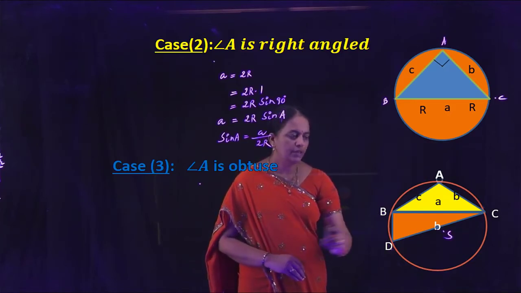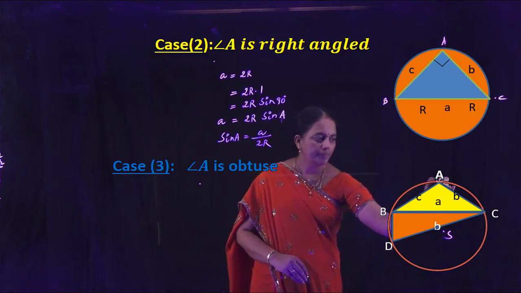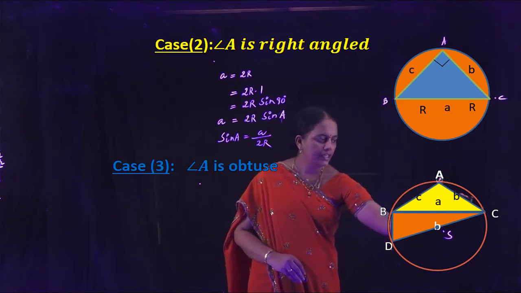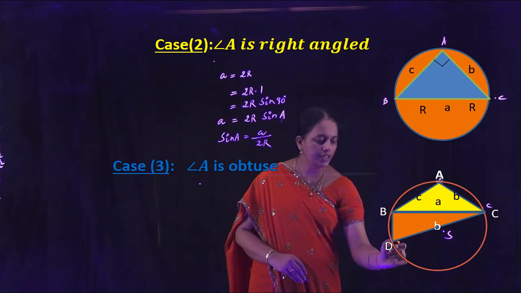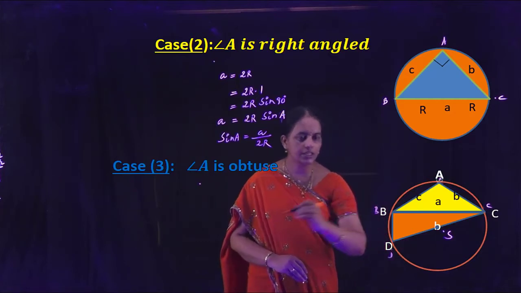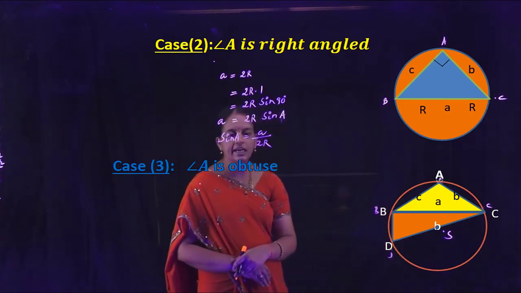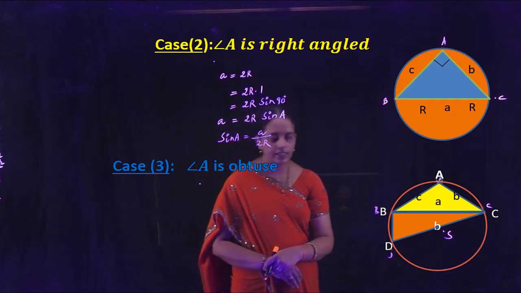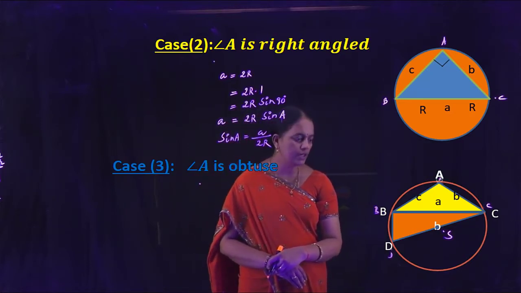Okay, clearly from the figure, ACBD is a cyclic quadrilateral.